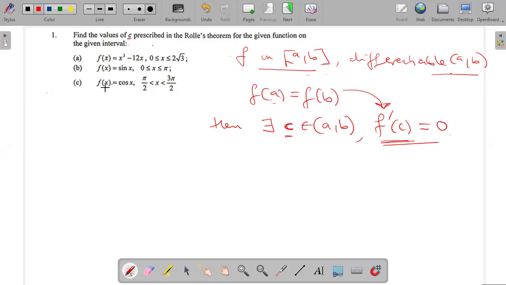So first of all, when you look at this function, polynomial functions, quadratic functions, these will be continuous on the entire interval, because whatever you put that is in that interval. So our interval here, which we're being given, is between 0 and 2 root 3.